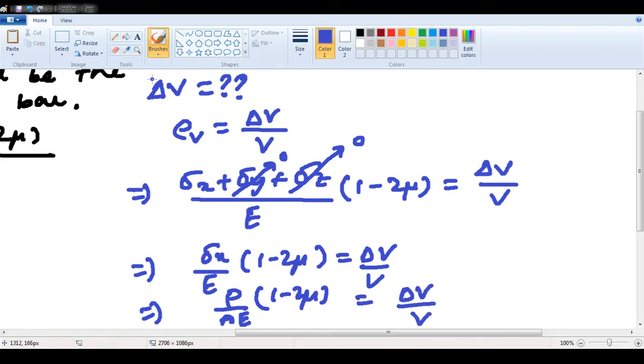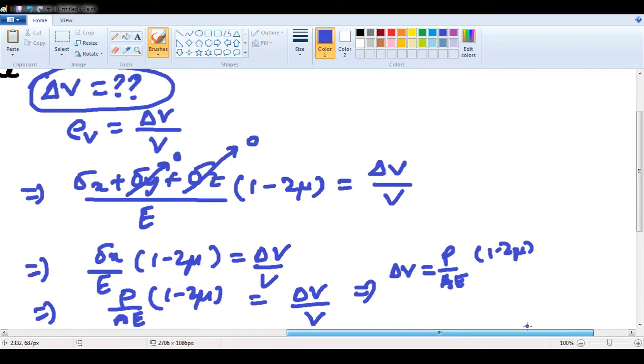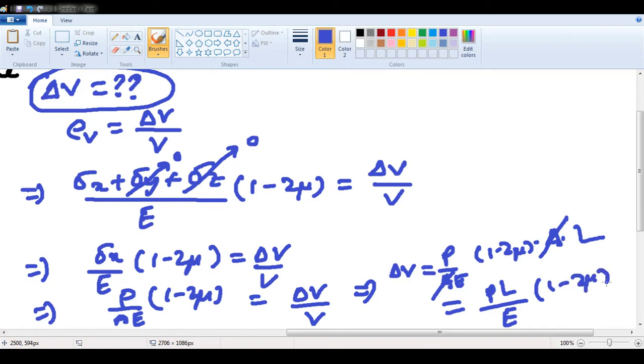But what is the question asking? The question is asking the change in volume. So change in volume is P by AE times (1 minus 2 mu) into V. V is area into length. So A and A get cancelled, and we come across PL by E times (1 minus 2 mu). Right?